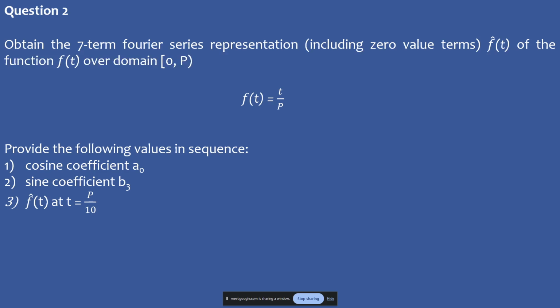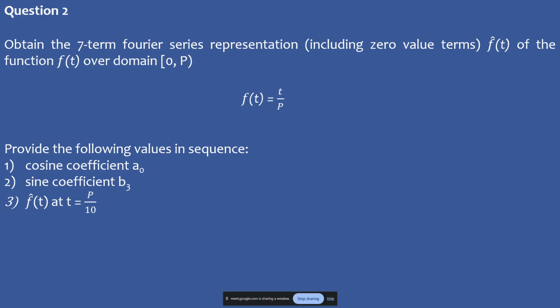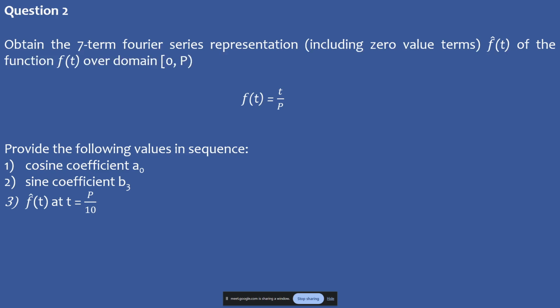So now there is a new function given to you, which is ft is equal to t by p. You need to evaluate the cosine coefficients, sine coefficients, and you need to evaluate f cap t at t equal to p by 10. You also need to get the f cap t value at 2 seconds.